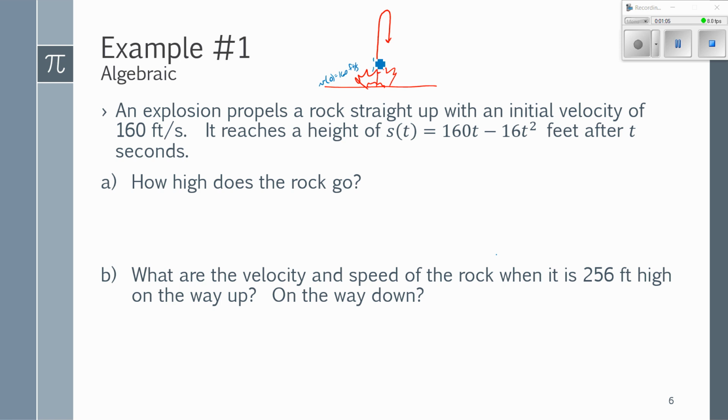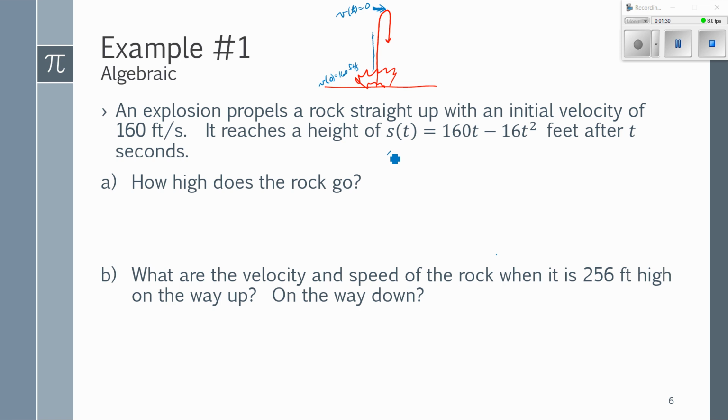And as it starts going up, it's actually slowing down until it reaches the very top here. At the top point here, my velocity should equal 0. So what I need then is, okay, if I can figure out at what time is the velocity 0, I can plug that time into s of t to figure out the height.